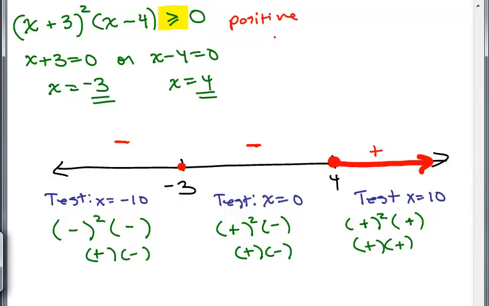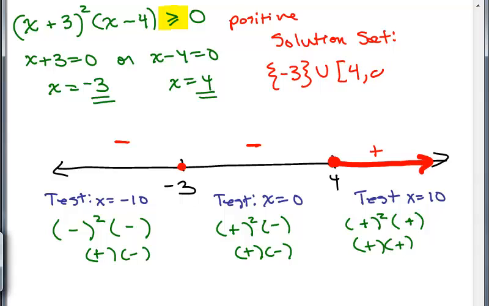So my solution set right here, which I'm going to write using interval notation, is the number -3, union, oops, sorry, I don't want to have a parentheses, I want to have a bracket because it includes 4, the interval from 4 to infinity.